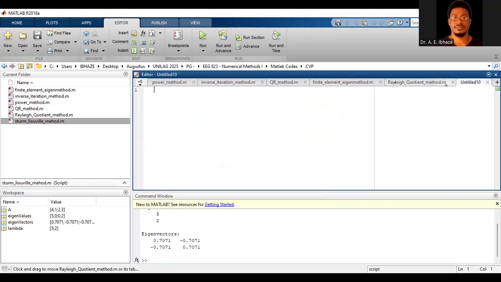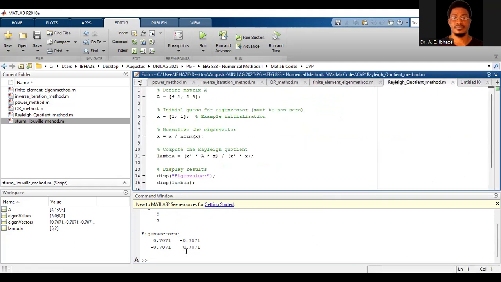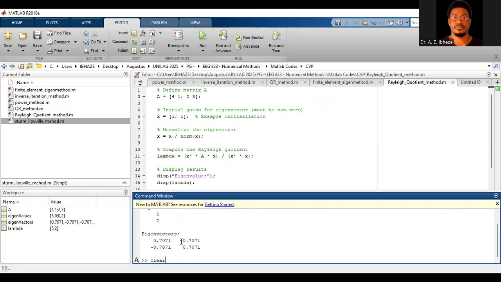And then we have one more, which is the Rayleigh quotient method. Now for the Rayleigh quotient method, which is about the last we're going to be addressing today, but not the least, this method actually refines the eigenvalues and eigenvectors for the matrix by leveraging the Rayleigh quotient for rapid convergence.